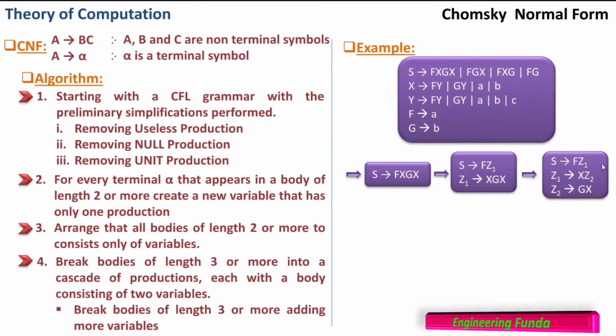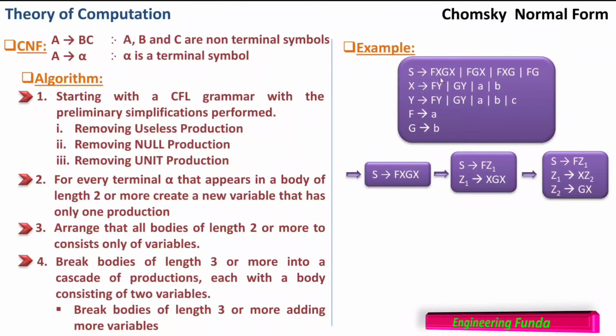Okay, now we can see that my production S tends to FXGX is now having 3 parts: S tends to FZ1, Z1 tends to XZ2, and Z2 tends to GX. All these 3 productions are of the form A tends to BC, that is, they are in CNF.